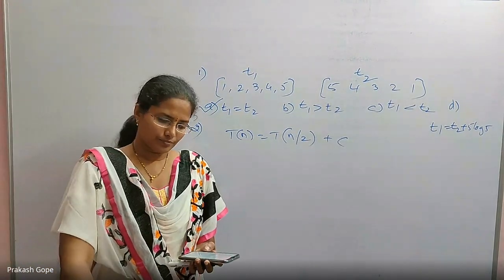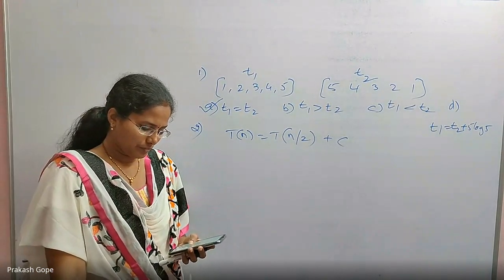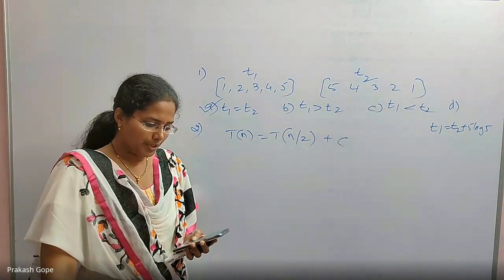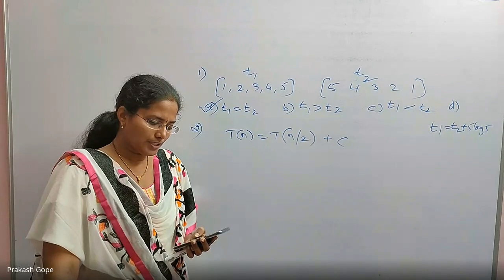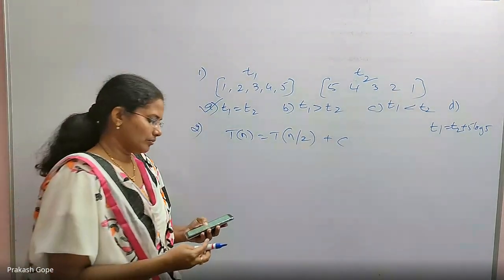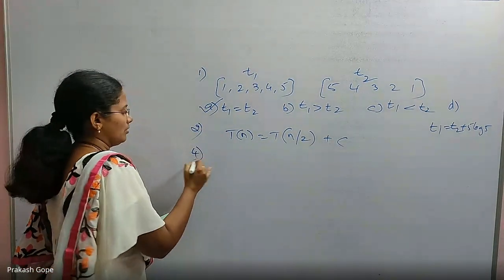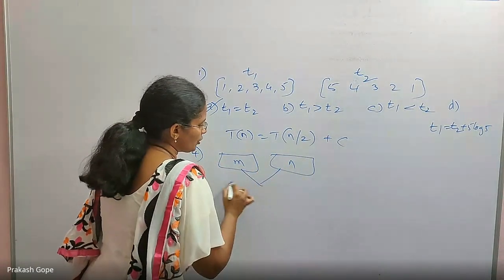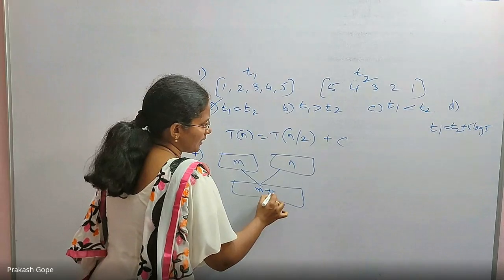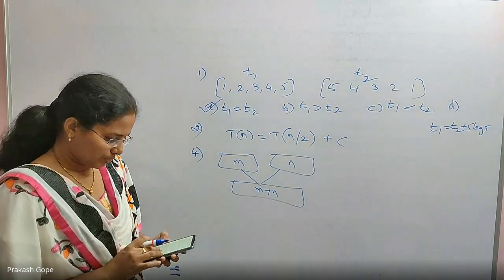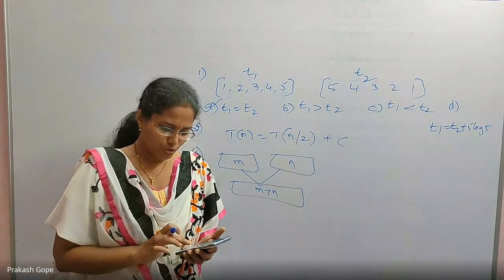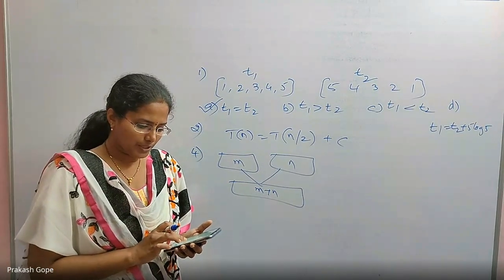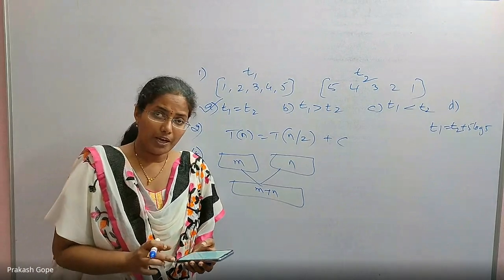Fourth question. For merging two sorted lists of sizes m and n into a sorted list of size m plus n, sizes m and n should be merged into one with size m plus n. What is the question?